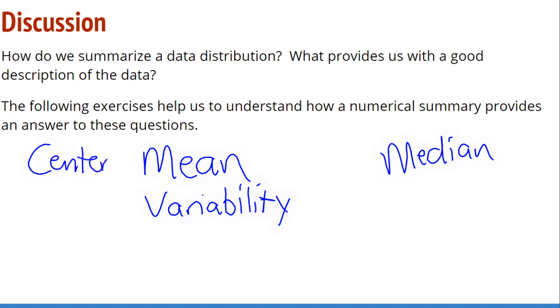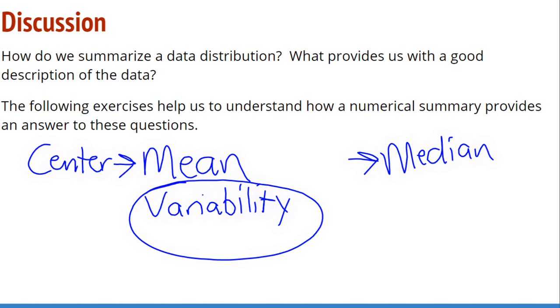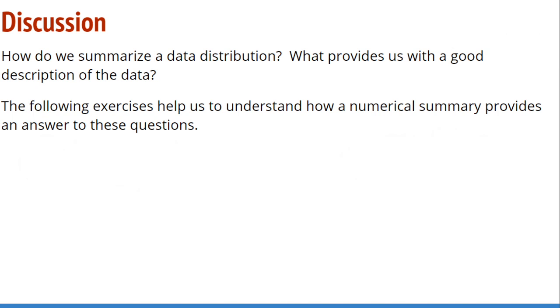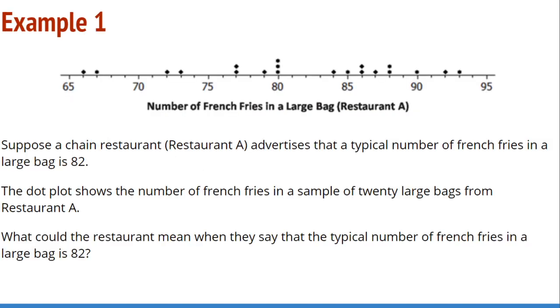So these two give us measures of center. The mean gives us a measure of center. The median gives us a measure of center. Variability talks about how spread out we are from the center. So we're going to try and understand how we can answer that question.